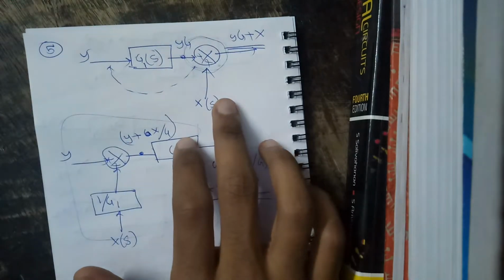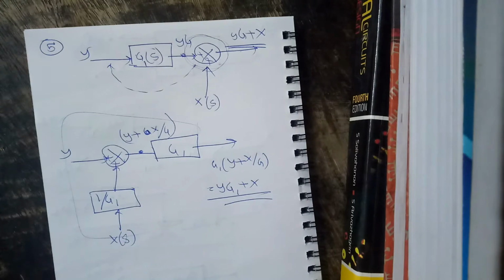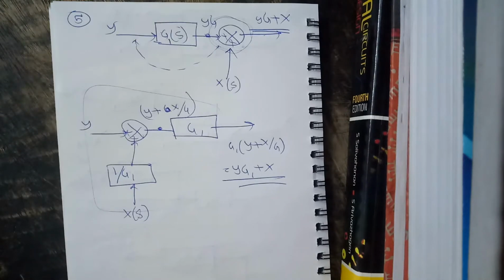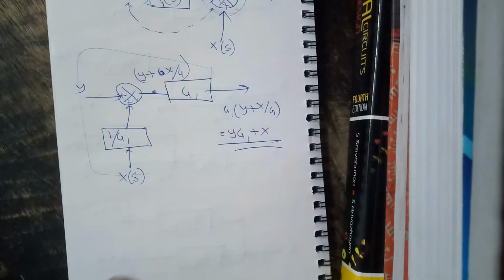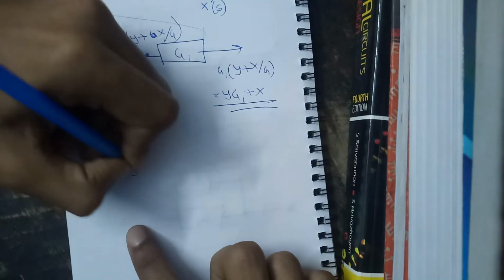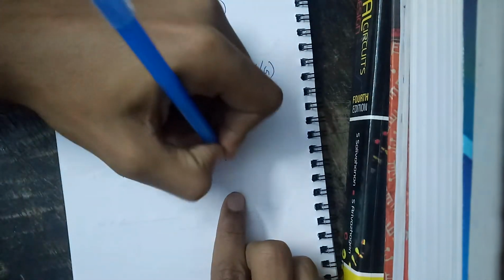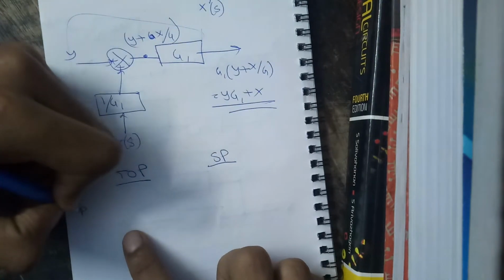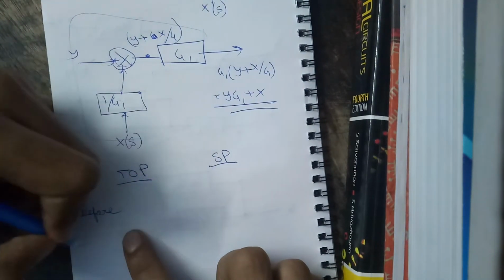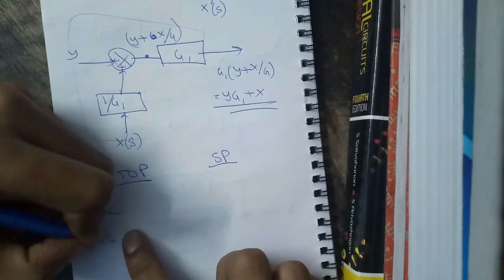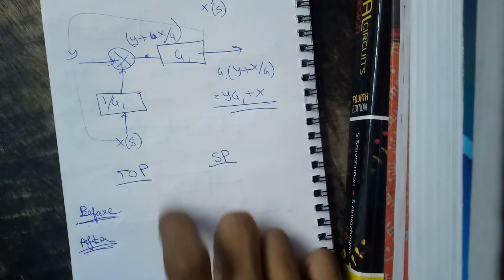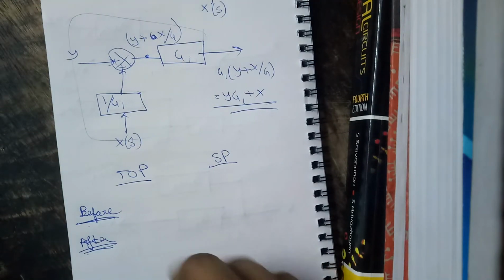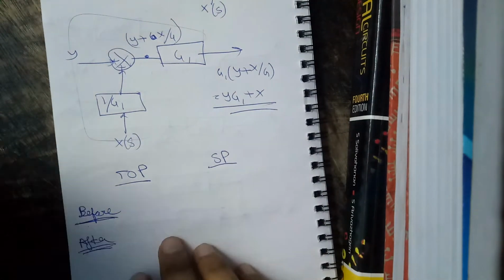So we moved the summing point before a block, and thus we got this type of diagram. It will be the exact opposite if we move the summing point after a block. So just remember, takeoff point, summing point, before, after. If you move a takeoff point before a block, what happens?